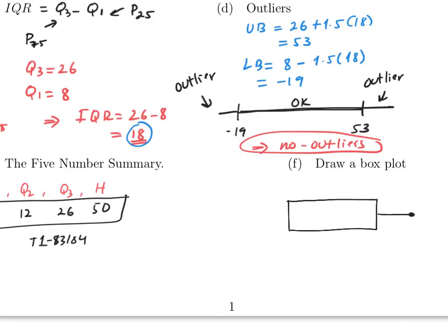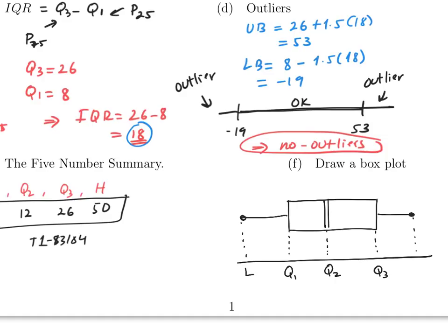This will be the highest, this is the lowest, and this corner is Q1, Q3, and draw 2 lines for the median, which is also Q2. This is the lowest, or the minimum, this is the highest. That's it. So in our case, it's 5, 8, 12, 26, and 50. And that's it.